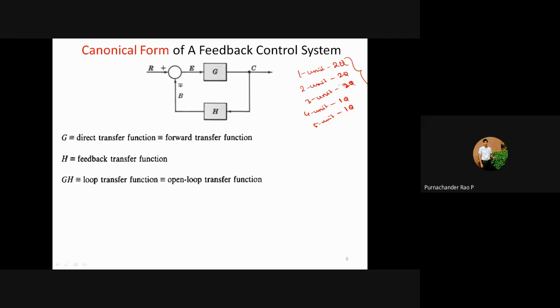In the last class we discussed the closed loop and open loop systems, the types of different systems, and then mathematical modeling.